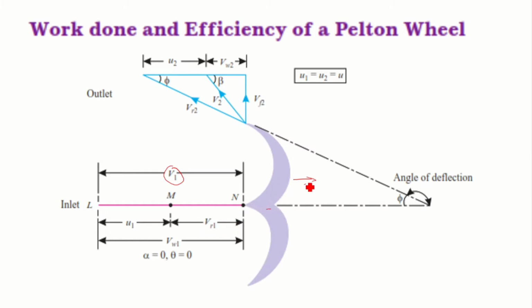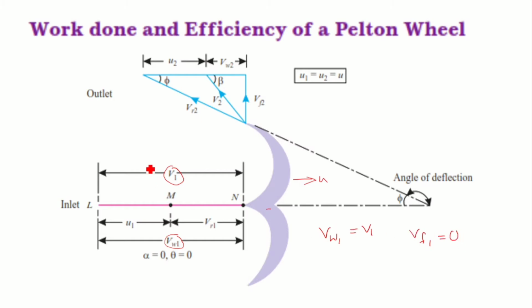Since the plate is moving with a velocity u, the jet strikes the plate at a relative velocity only. And Vw1 represents the horizontal component of the absolute velocity of the jet. For Pelton wheel, Vw1 is equal to V1, and there is no Vf1 term. There is no perpendicular component, so Vf1 is equal to 0.